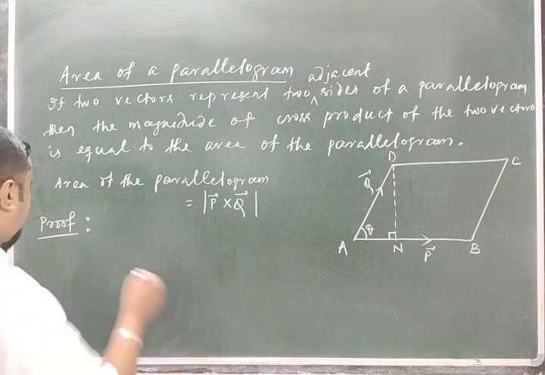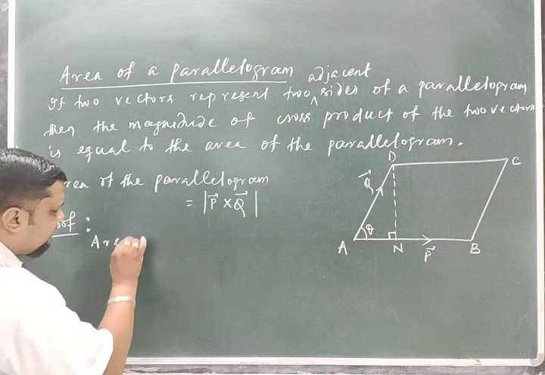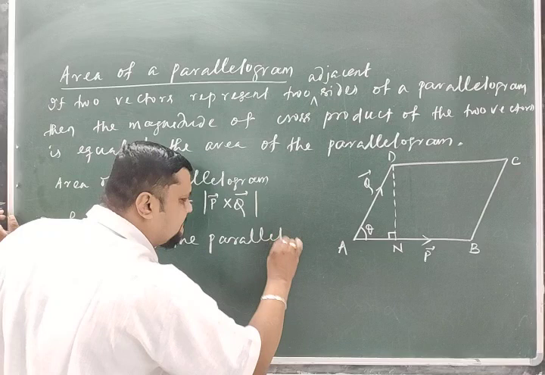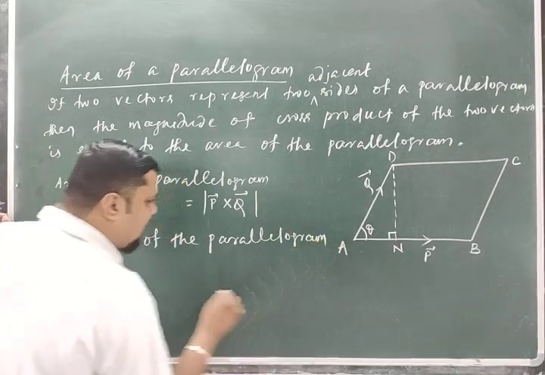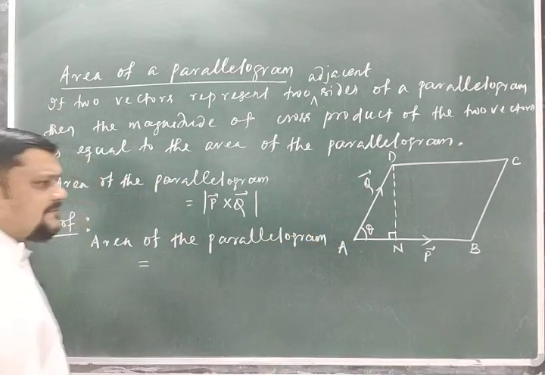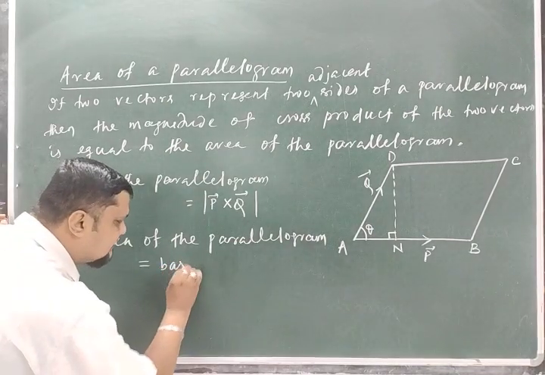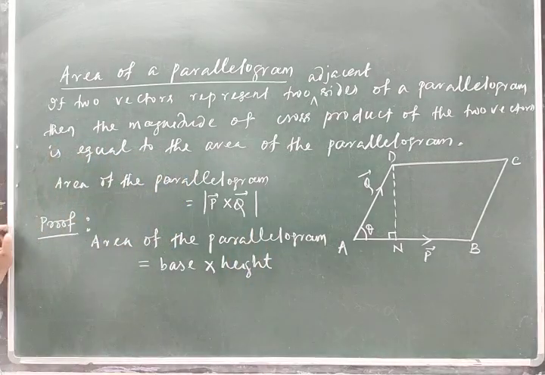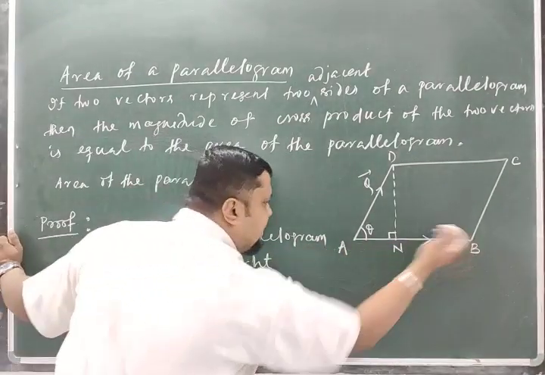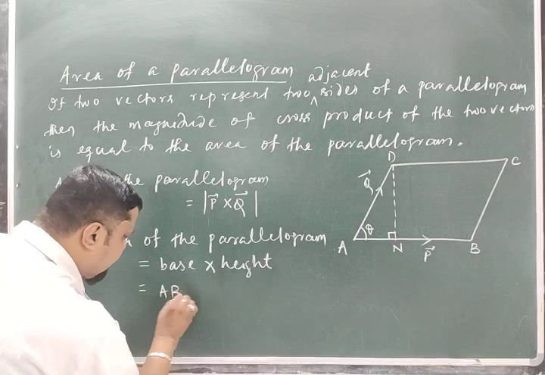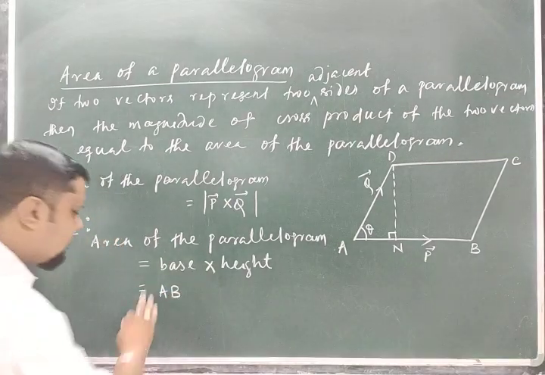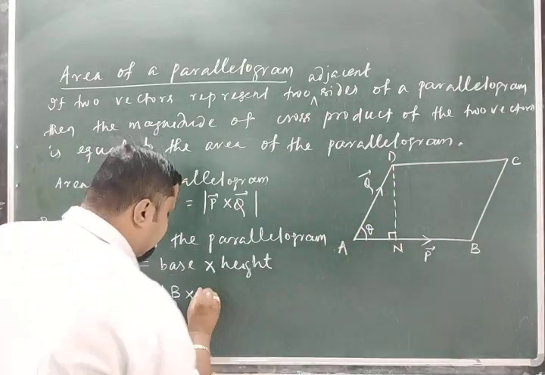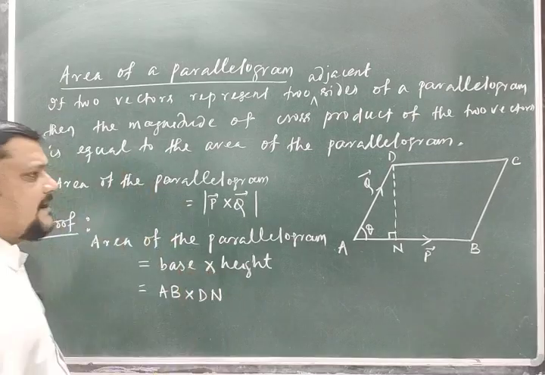Now for the formula of the area of the parallelogram. As you already know, the area of the parallelogram is equal to base into perpendicular height. The base is AB, not considering the vector form, multiplied by the height DN.